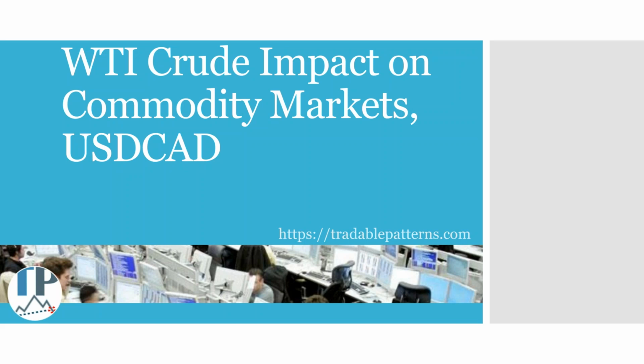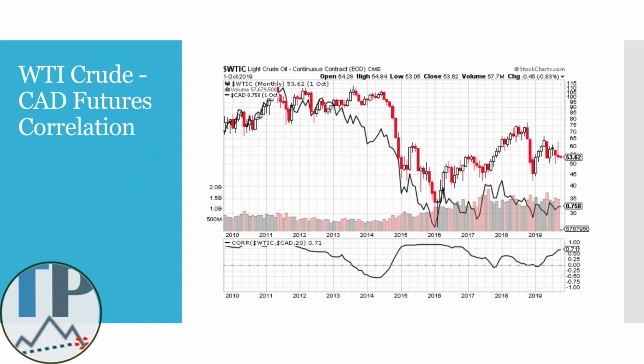So on this slide, we're going to look at what WTI crude can do to other commodity markets, as well as to the dollar CAD. On the dollar CAD futures specifically, which is really not the US CAD futures, but just the inverse of that.